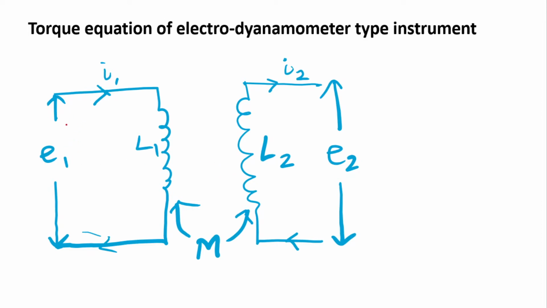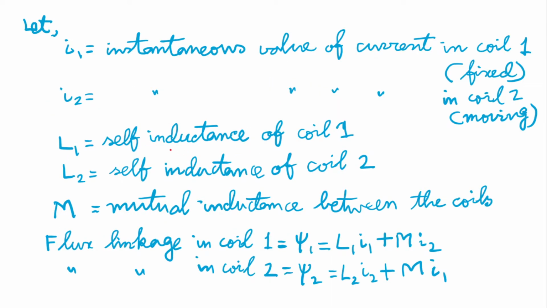In coil number 1, the EMF induced is E1, current flowing is I1, and self inductance is L1. For the second coil, the respective values are E2, I2 and L2, and the mutual inductance between these two coils is M. I think you know what mutual inductance is: the effect of current flowing in the second coil on the first coil and vice versa.